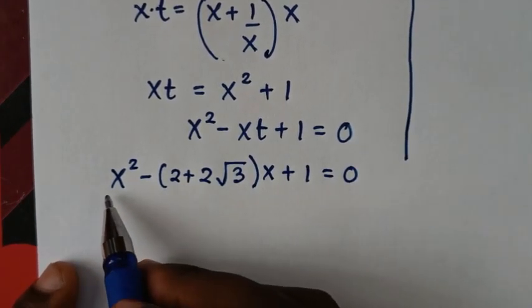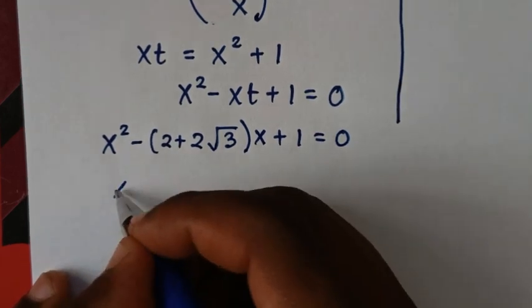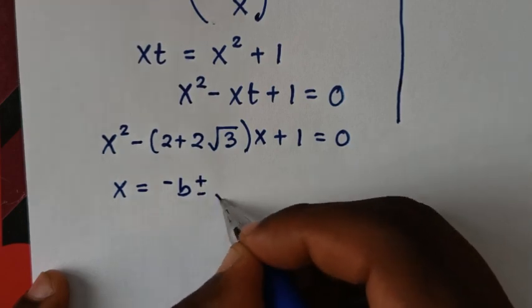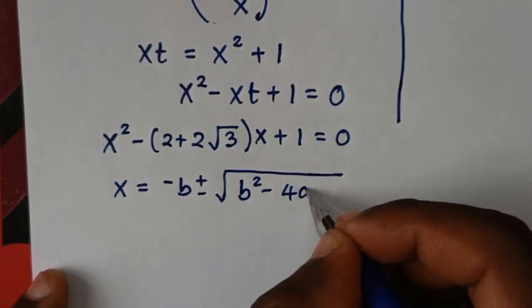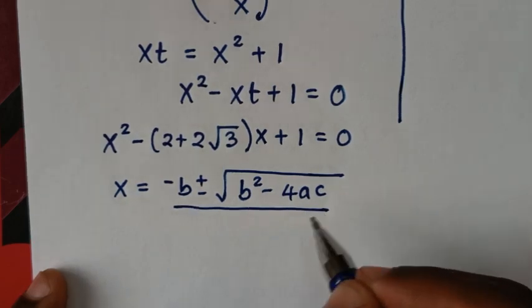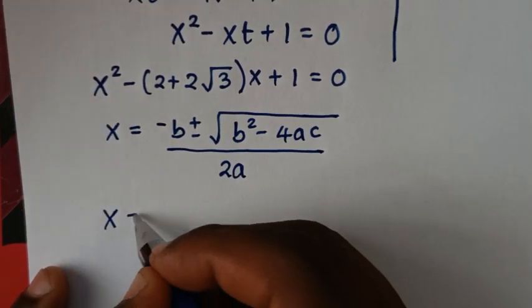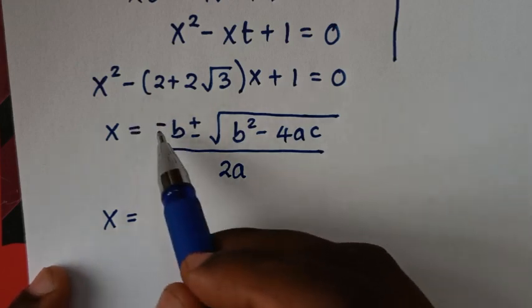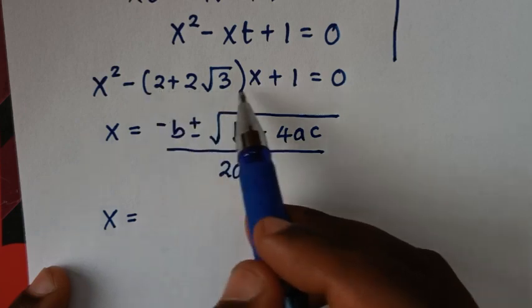Then from here, to get the values of x, we'll use the quadratic formula, which is x is equal to minus b plus or minus the square root of b² − 4ac, over 2a. So x is equal to minus b, which is minus (2 + 2√3).